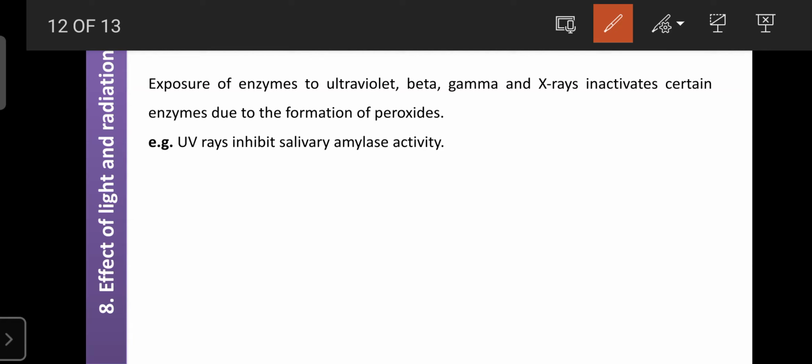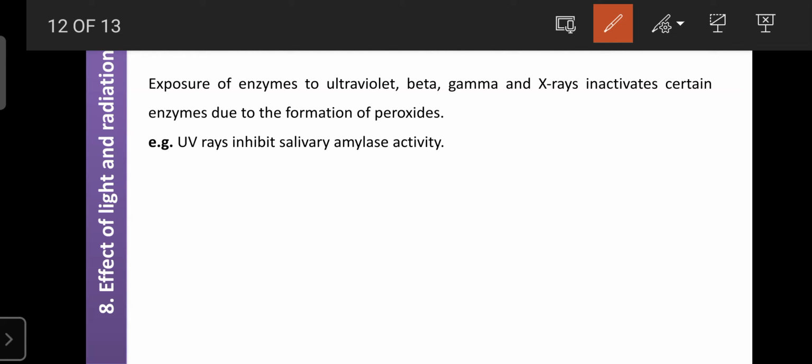That's why the enzyme activity is inversely proportional to light and radiations. If they are more exposed to light and radiation, their activity decreases. If they are less exposed, their activity will remain.